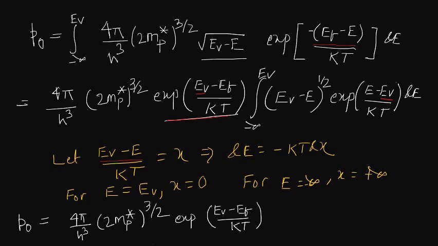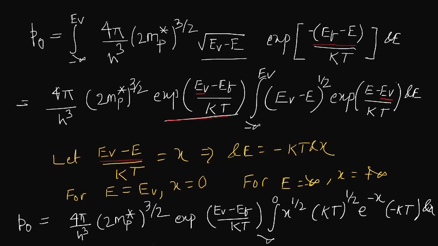Then the integration: for minus infinity we have plus infinity, and for EV we have 0. Then substitute x to the power 1 by 2, KT to the power 1 by 2, then e to the power minus x, and dE is minus KT dx. So this is what we got for P0.